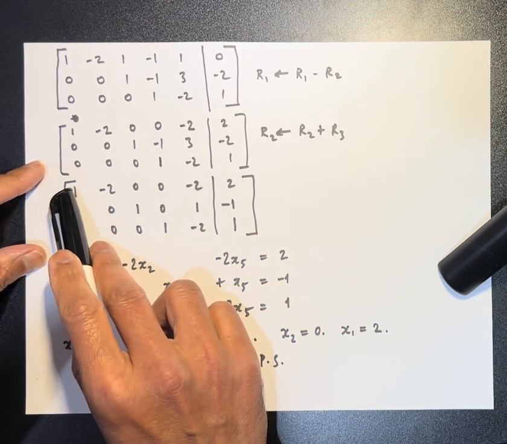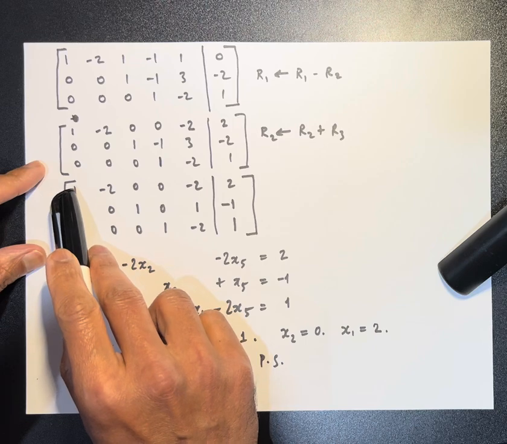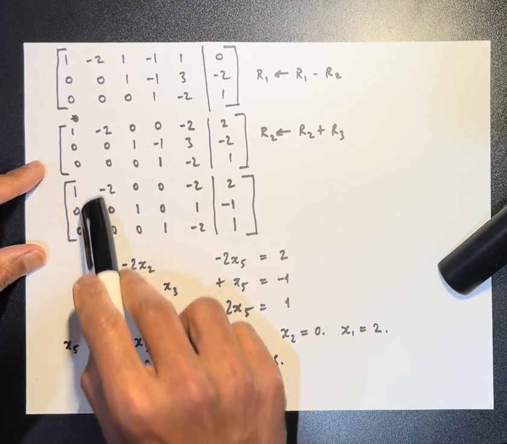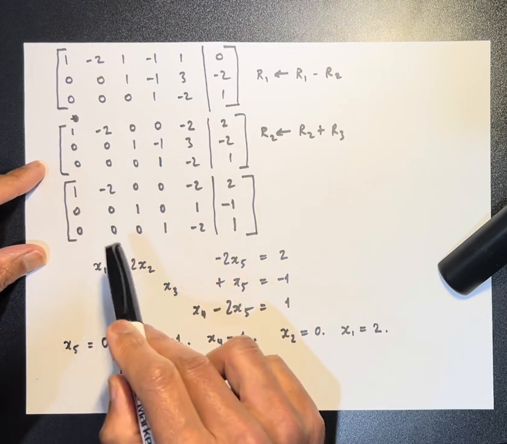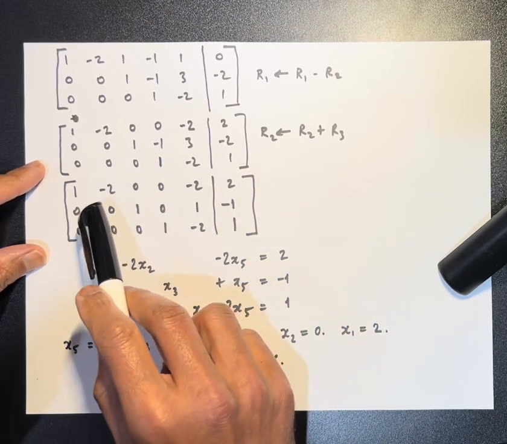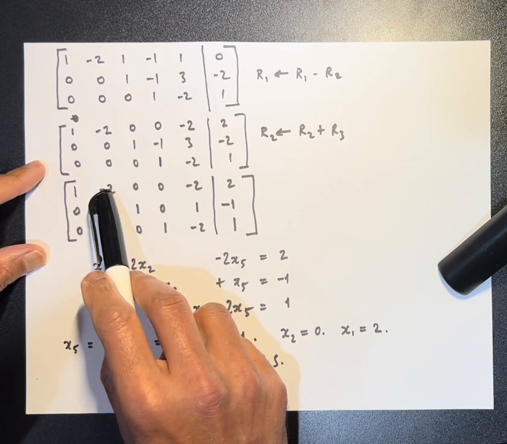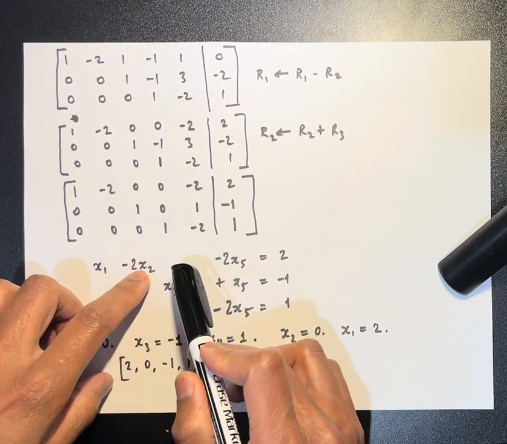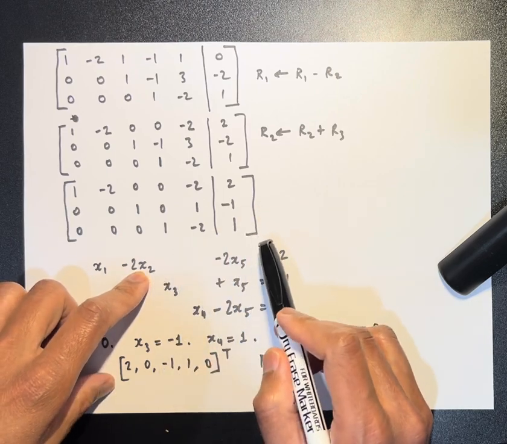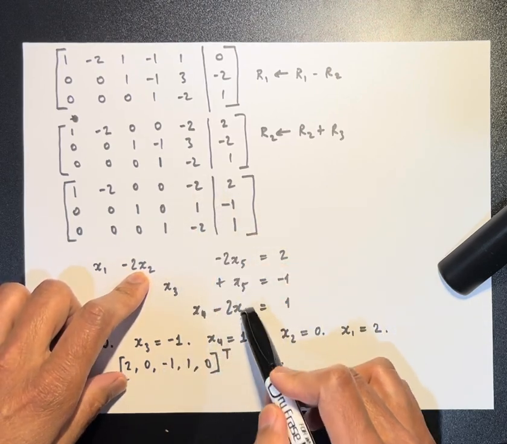For example, the variable corresponding to this one is x1, this is x2, but this is a free variable. We'll discuss what a free variable is in a minute, but you don't have a 1 here. So x2 we can set to something, and x5 is also similarly something.